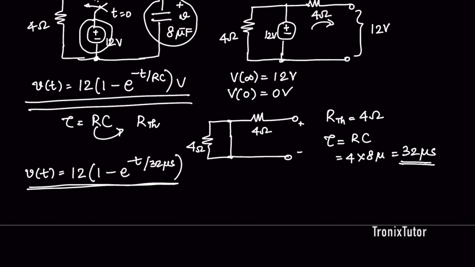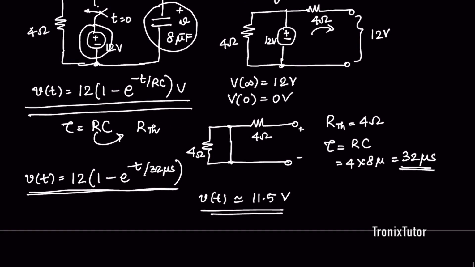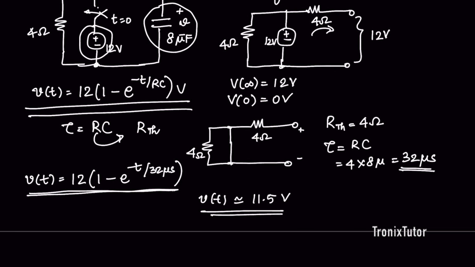So when you calculate the value, you'll find that V of t is going to be very close to 12 volts, which is what we expect. If you had given it a few more time constants, you would have treated the voltage across the capacitor to be 12. These are the kind of approximations we'll make later on when we do circuits: after 5 or 6 time constants, I'll assume the capacitor is fully charged.